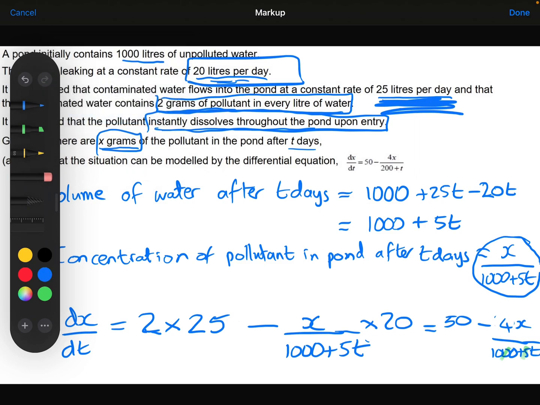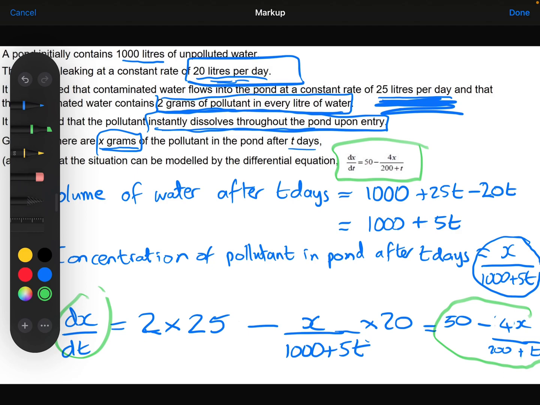The 1,000 divided by 5 is 200. And the 5 divided by the 5 is obviously just the 1t there. And there we go. You can see that we have shown dx over dt is equal to 50 minus 4x over 200 plus t. So that was part A of that question.